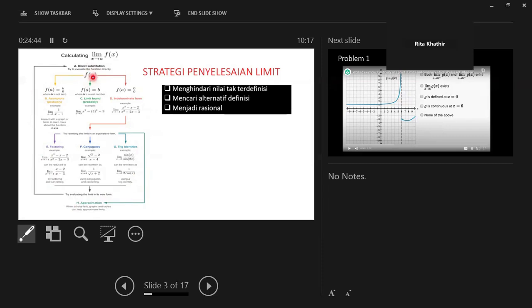So how can we solve this function? We can do direct substitution if it is possible. You get success only if you can determine the value of the limit. Then finish.